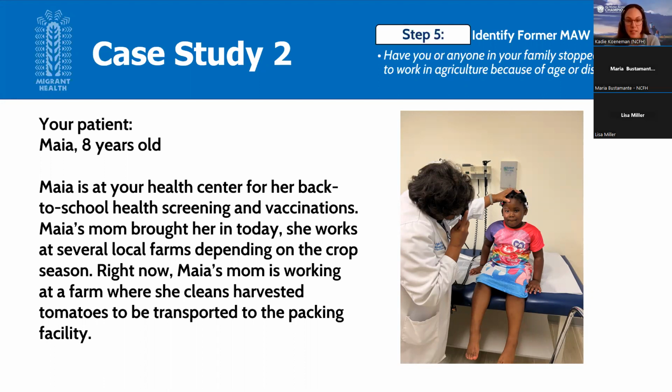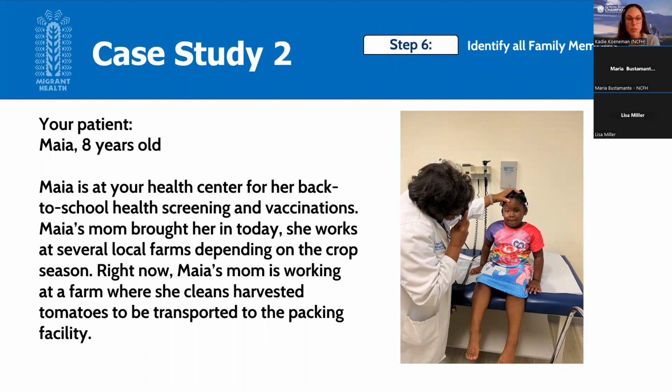So step six, identify all family members. So now that we've gone through all 6 steps, how would we classify Maya, our patient, for UDS reporting? Migratory agricultural worker, seasonal agricultural worker, or can we not classify?